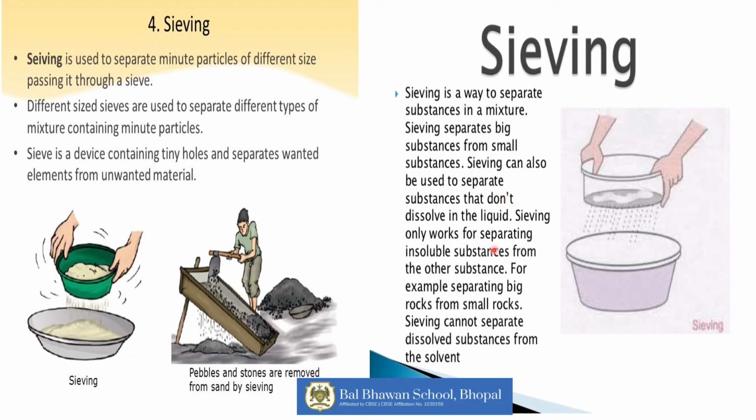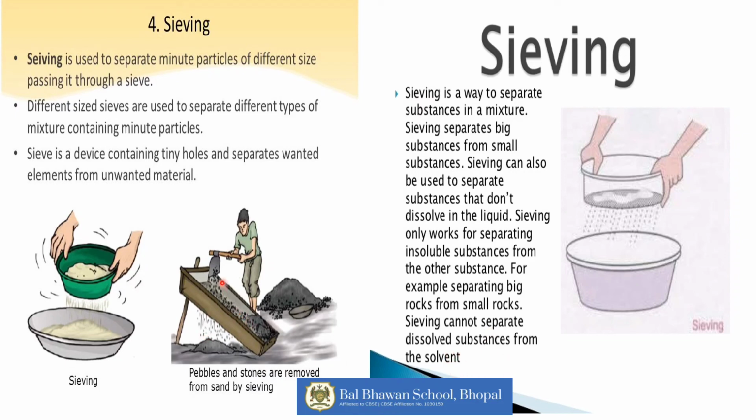So sieving only works for separating insoluble substances from the other substances. For example, separating big rocks from small rocks. Do remember that sieving cannot separate dissolved substance from the solvent.